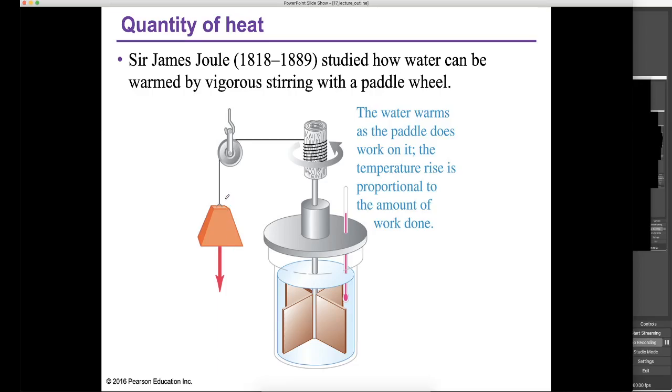For example, if you do some work on the water by stirring a paddle wheel, you let the paddle rotate round by round, and finally, while it's rotating, it's doing some work, and the temperature of the water will increase. So that means if you do some work, you can increase the temperature of an object.